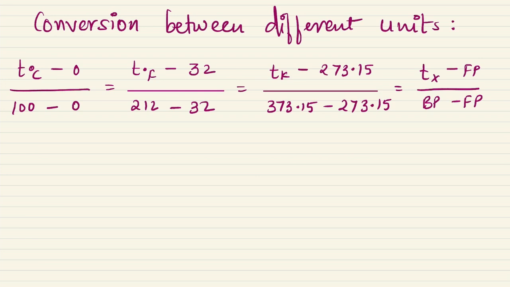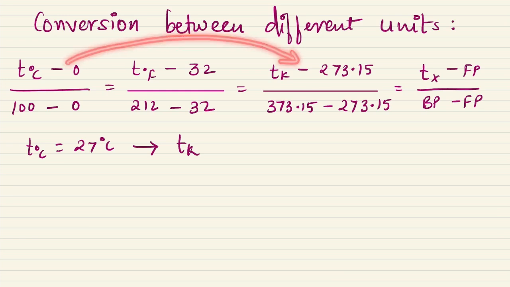Now I just want to make a small example over here. Suppose I gave you a temperature of 27 degrees Celsius and I want this temperature in Kelvin. I'll be using these two equations, from the Celsius scale to the Kelvin scale.